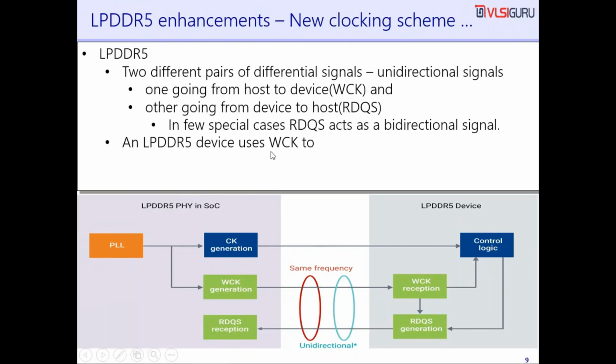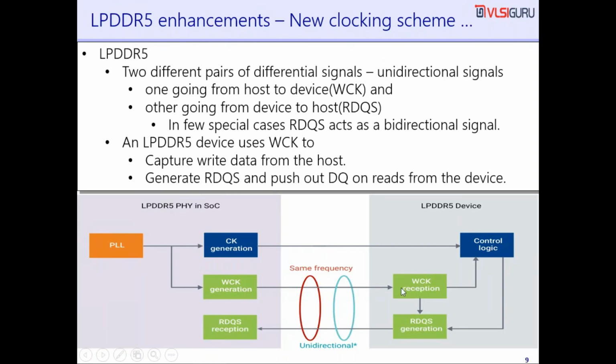An LPDDR5 device uses WCK to capture the write data from the host. When WCK comes, it uses this signal to capture the data coming from the host, and it also uses the same WCK to generate the RDQS and push out DQ on reads from the device. So what differs here is that, though we are using the same source clock and WCK, the circuitry is different.